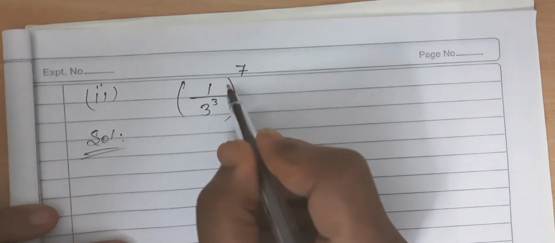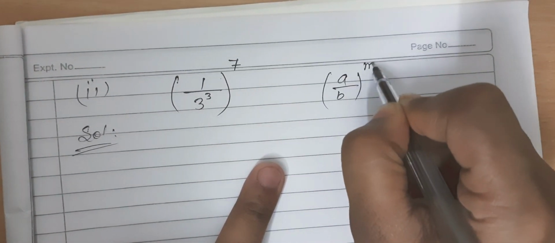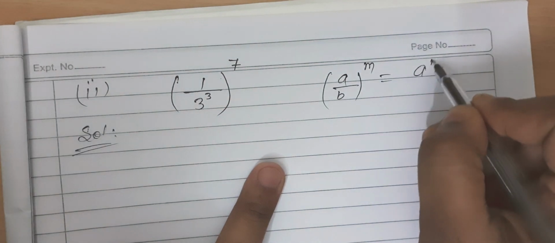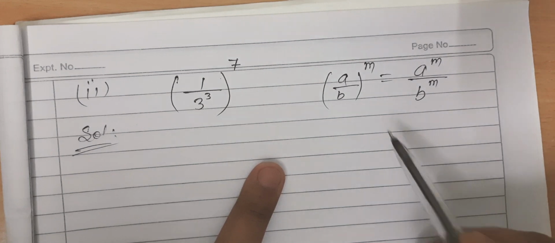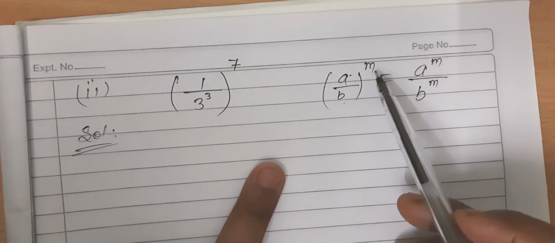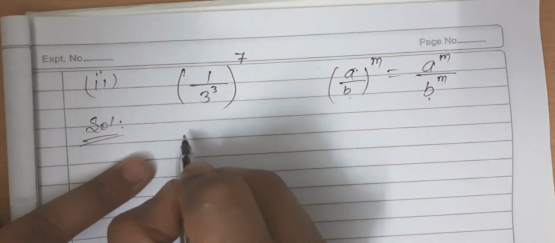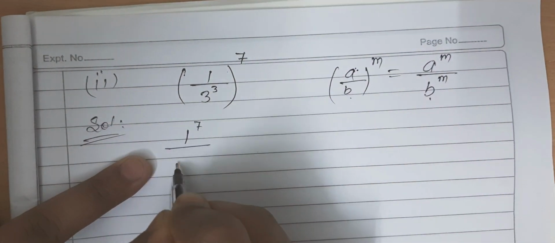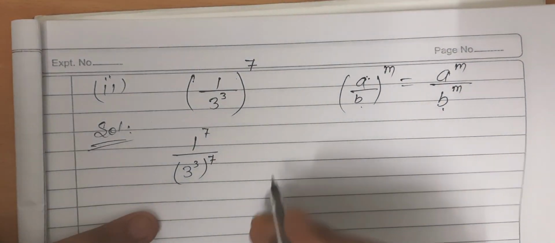We can write this 7 as a power of numerator and power of denominator simply by using the law a by b the whole power m, which means a raised to the power m and b is also raised to the power m. So we can write 1 raised to the power 7 and here 3 cube raised to the power 7.